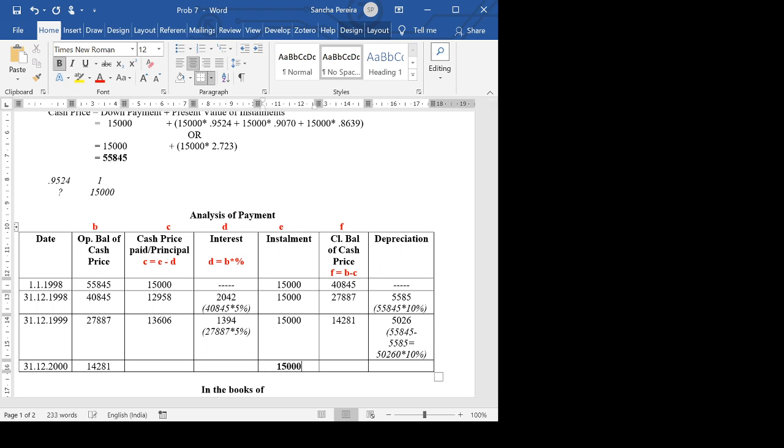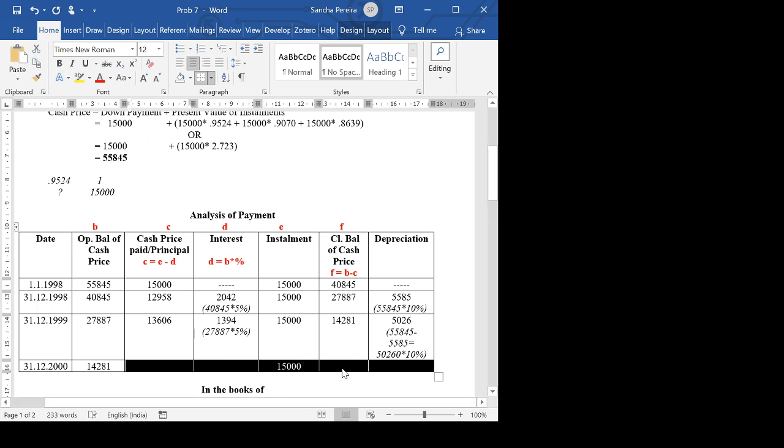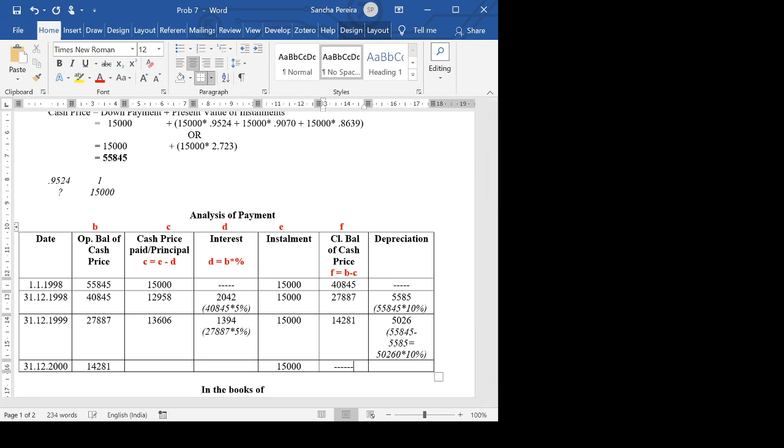Now, like I said, we need this nil because it's the last year. We don't have to pay anything further. Okay, we need this as nil. So 14,281, I'm going to write the same thing here, and this is going to be my balancing figure. So 15,000 minus 14,281 is going to be 719.